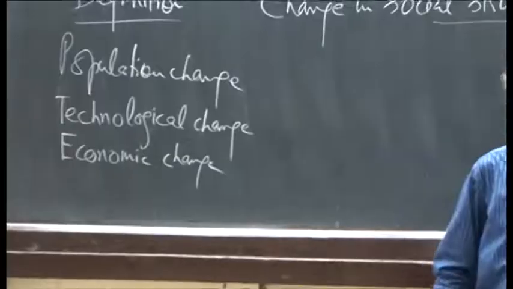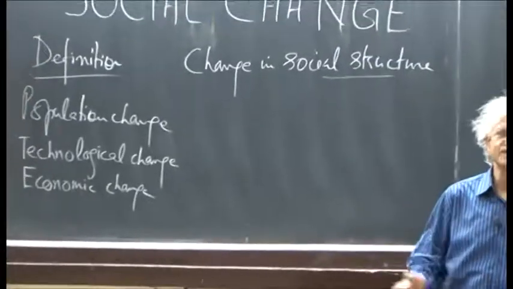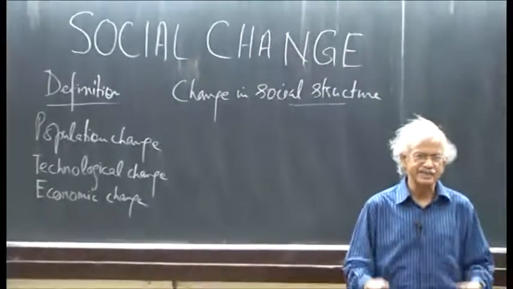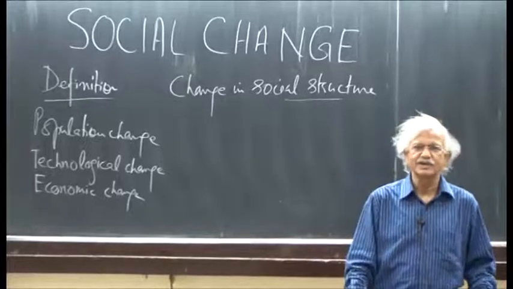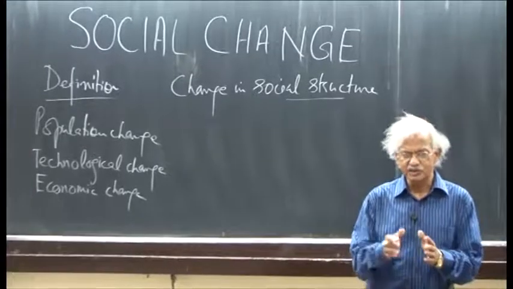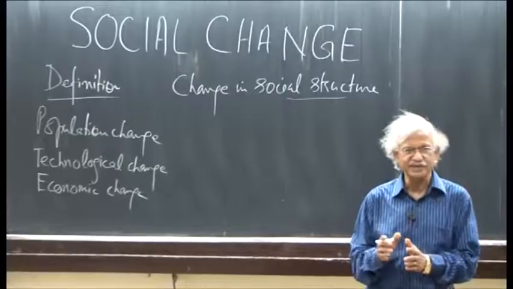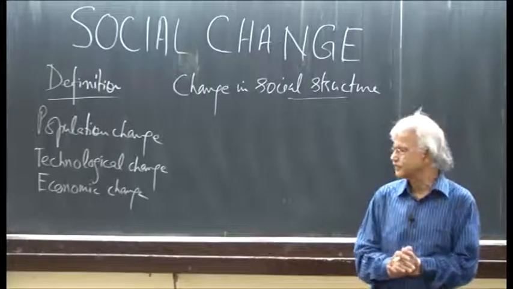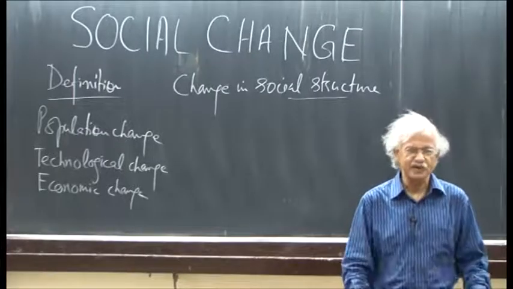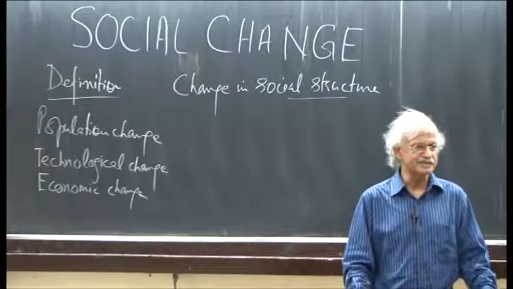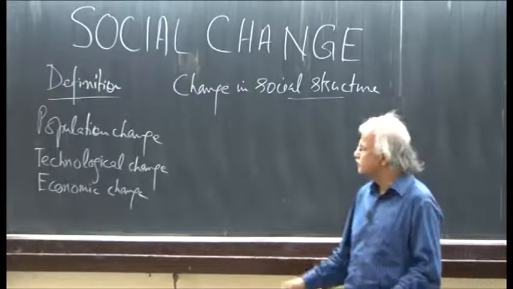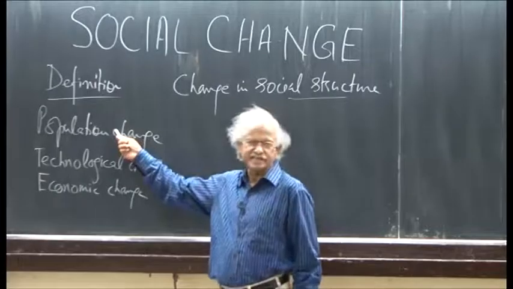Economic change, per capita income, change in income, gross national income, net national income, and to convert that into some measure of welfare, say per capita income, as an indicator of welfare of the population. Now, they may be cause of social change.